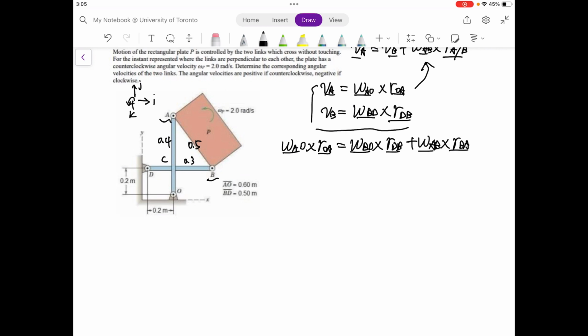Omega AO is the magnitude times the direction, which is k, cross 0.6 j, is equal to omega BD k times 0.5 I plus 2k times negative 0.3 I plus 0.4 j.